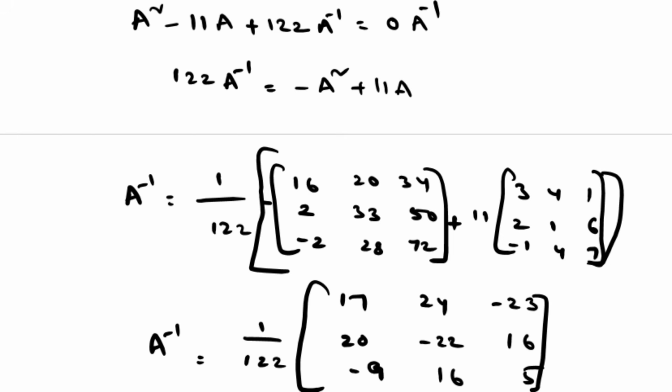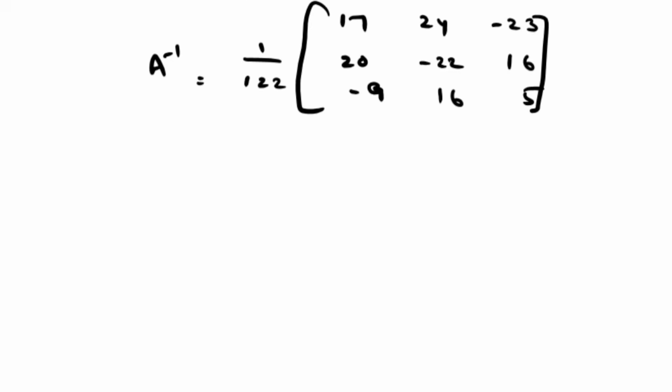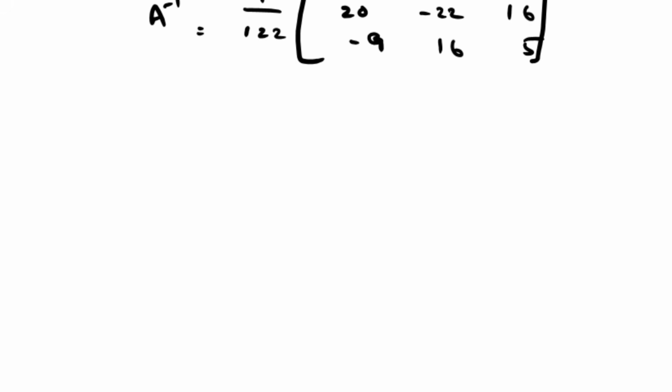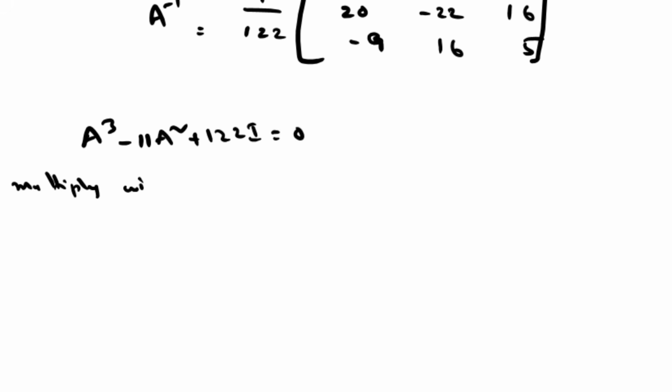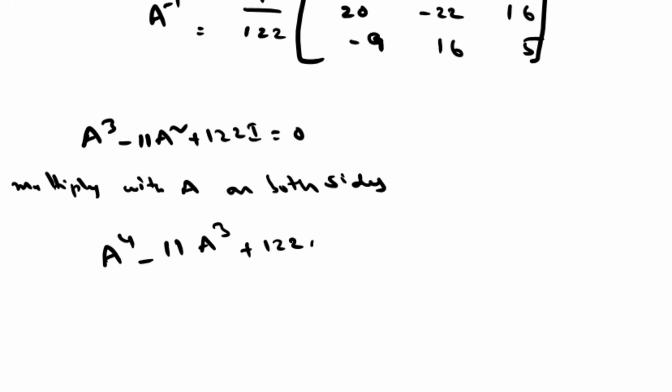To find out A power 4, we already know that A cube minus 11A square plus 122I is equal to 0. Now multiply with A on both sides. A power 4 minus 11A cube plus 122A is equal to 0.